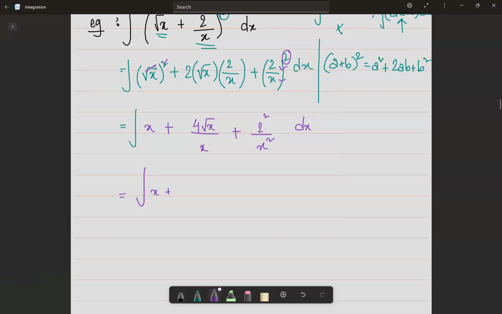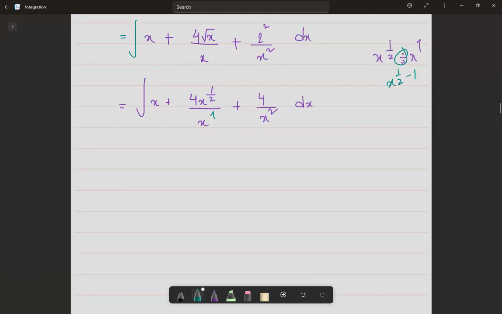So root x can be written as 4x to the power of half, divided by x, plus 4 divided by x square dx. Now you have x to the power of half divided by x to the power of 1, because if you have nothing in here, it means that your power is 1. So we know that for division the powers get subtracted, right? So we will have x to the power of half minus 1.